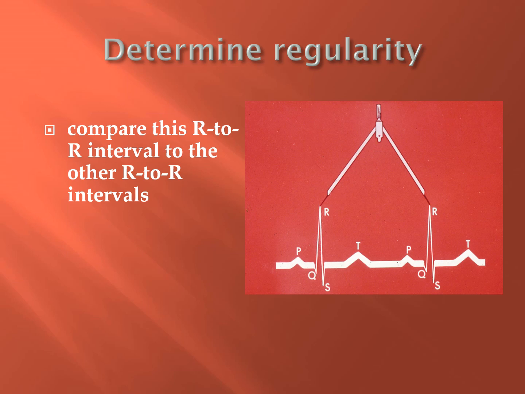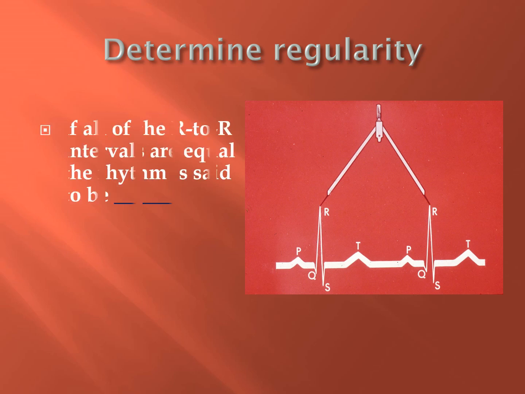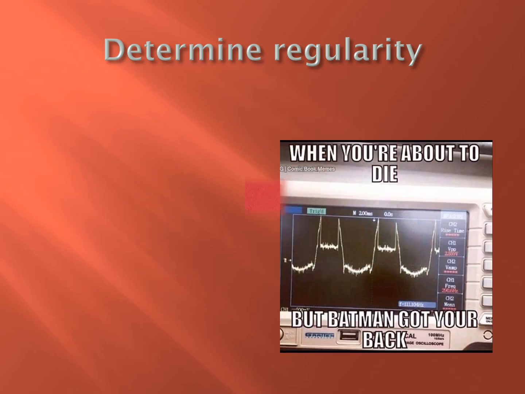It is not regular if we do not have consistency between R waves. If all of the R to R intervals are equal, the rhythm is said to be regular. In other words, every R to R has 5 boxes, the next R to R has 5 boxes, the next R to R is 5 boxes, so that would be considered regular. If the R to R are not all the same length, then the rhythm is said to be irregular.